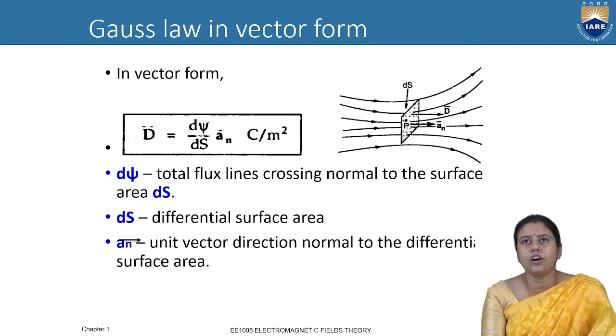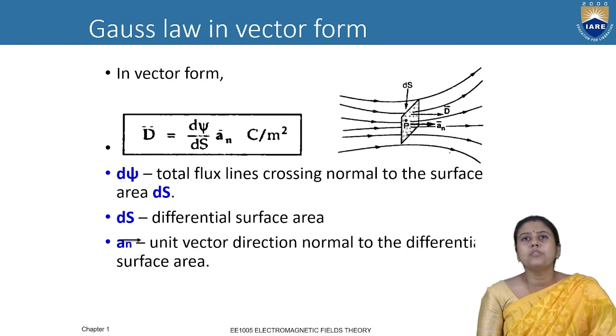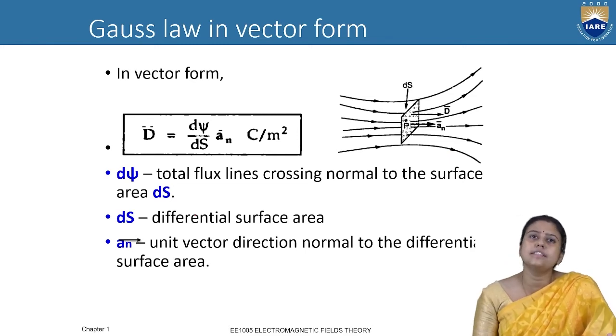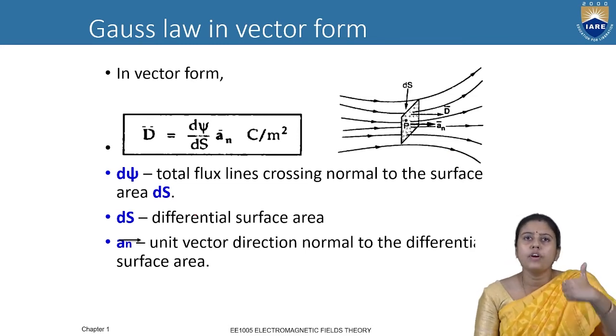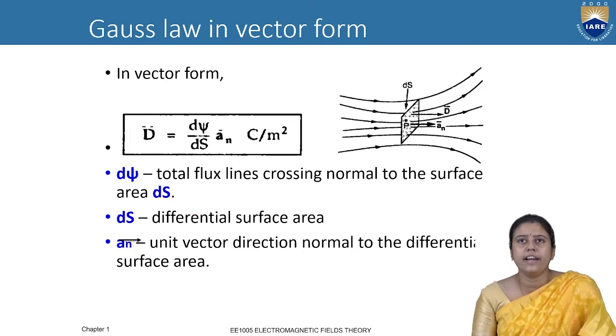So if this is a surface and some charge is there, the electric lines of force are always normal to the surface. We know that if any surface is there, the general tendency of the flux is to go in the normal, the 90-degree direction.